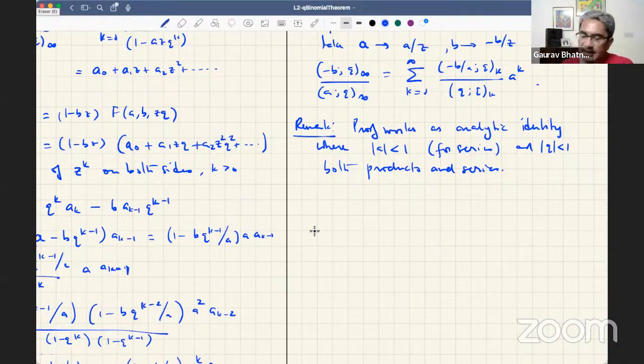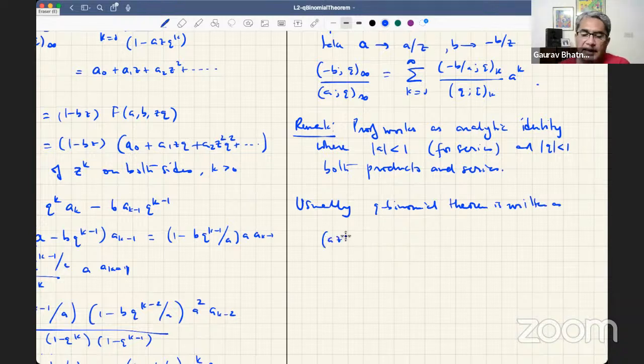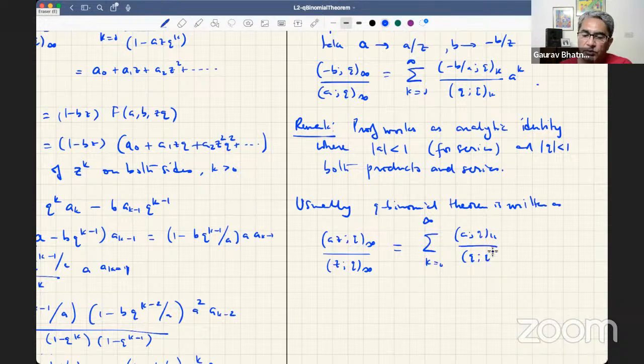Usually the q-binomial theorem is written as (AZ; Q)∞ over (Z; Q)∞, which is equal to the summation K going from 0 to infinity of (A; Q)_K over (Q; Q)_K times Z raised to K, for absolute value of Z less than 1 and absolute value of Q less than 1.